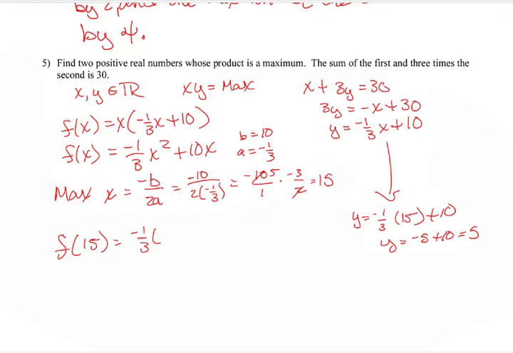So what I'm going to do is I'm going to do it here. 15 times negative 1/3 times 15 plus 10. So that is 15 times 5. Ooh, I can calculate that a lot easier. So 15 times 5 is 75. Yay!